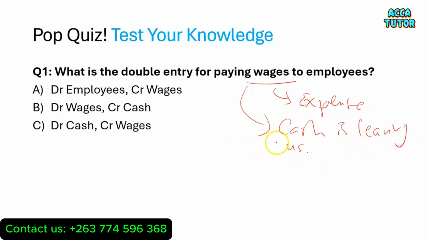So if cash is leaving us, which means an asset is going down, it means that we are crediting cash. Then here we paid an expense, so an expense is increased, which means we are going to debit the expense, which means we are debiting the wages. Remember, we need to mention what type of expense it was. So we are debiting wages and crediting cash. So what is our answer? The answer there should be B.